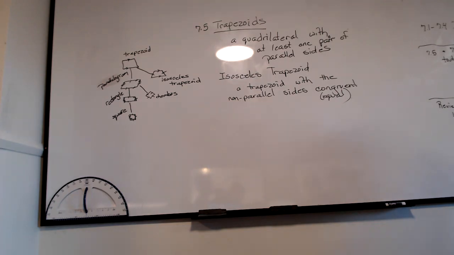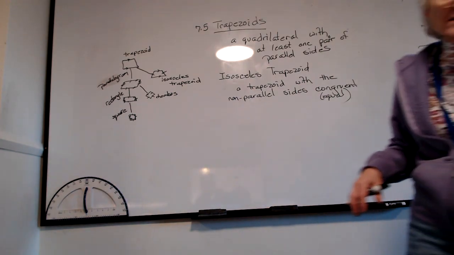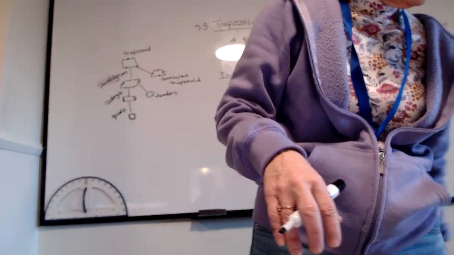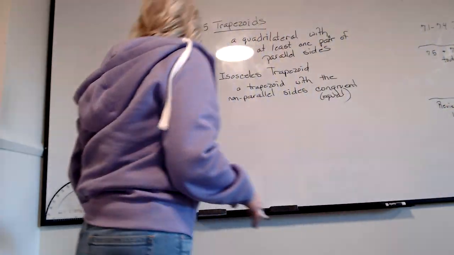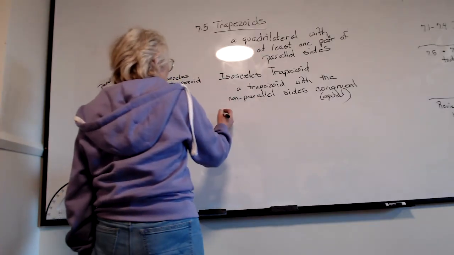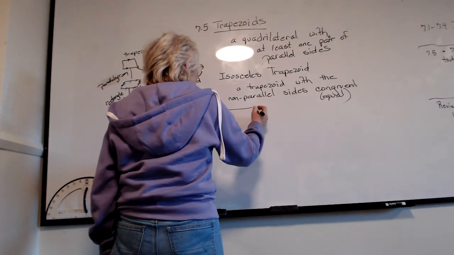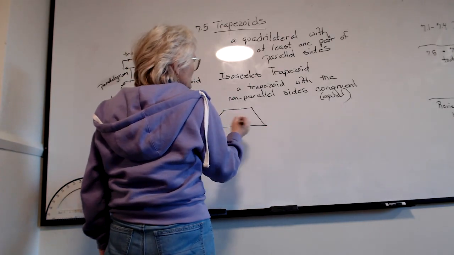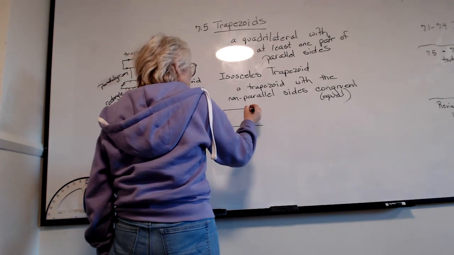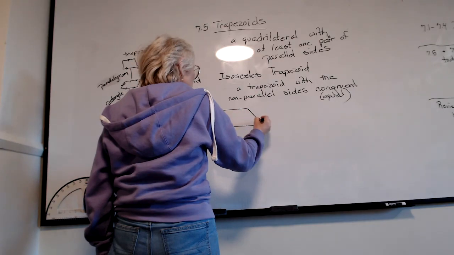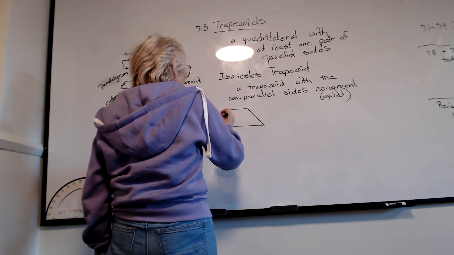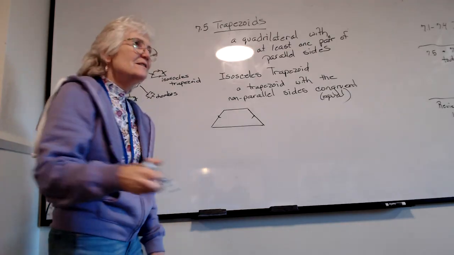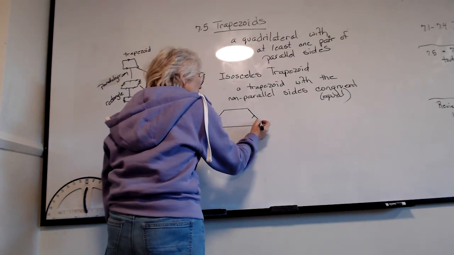We are actually going to look mainly at isosceles trapezoids. So what can we tell if we have an isosceles trapezoid? Some things that are true. It's not drawn very well, but it's supposed to be the same. If these are your two congruent sides, just like an isosceles triangle, the base angles are going to be the same.